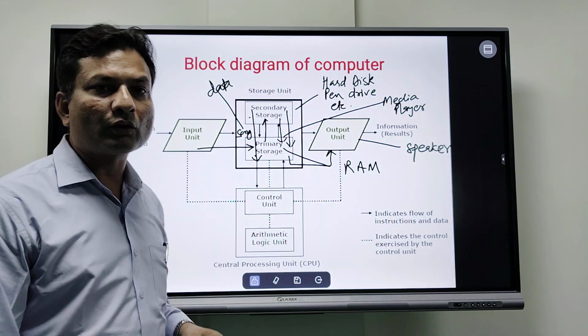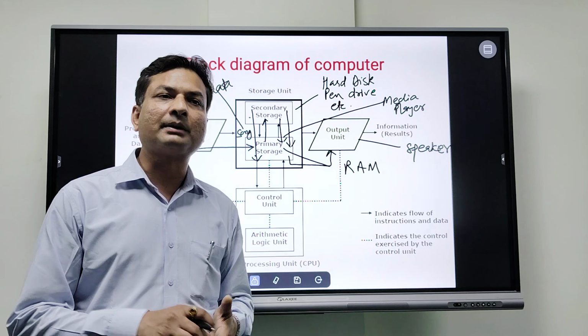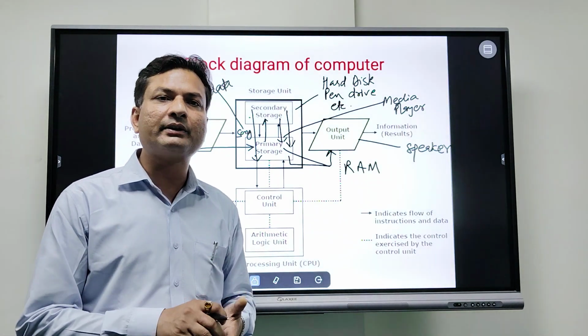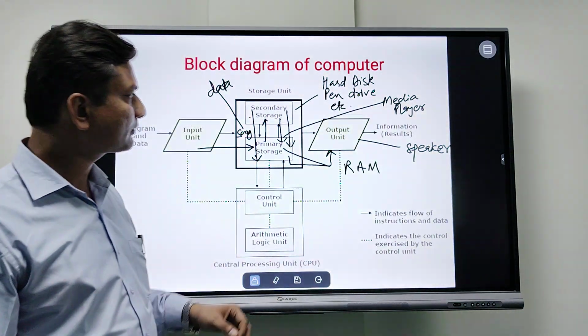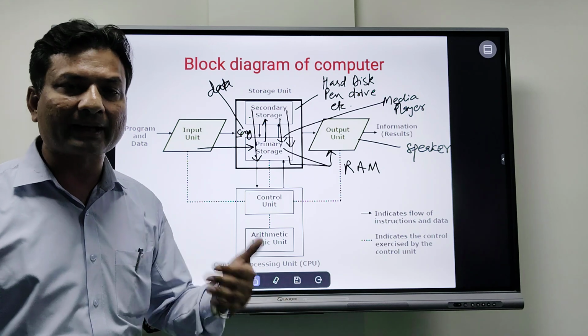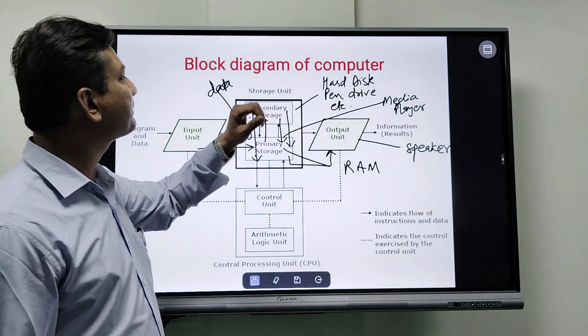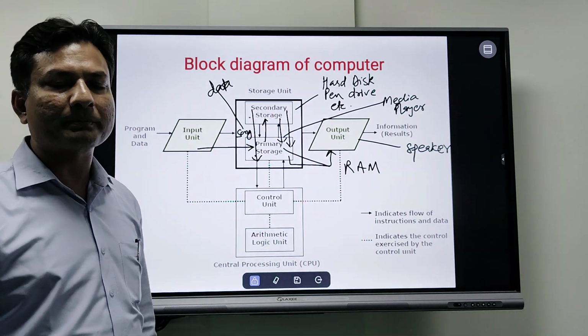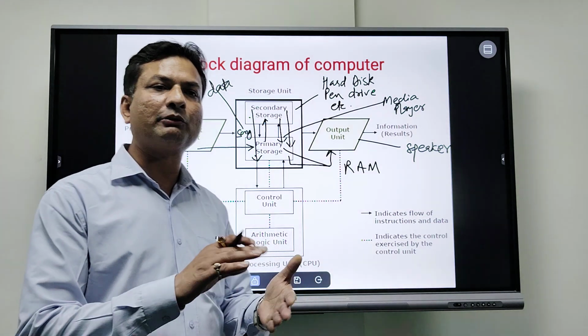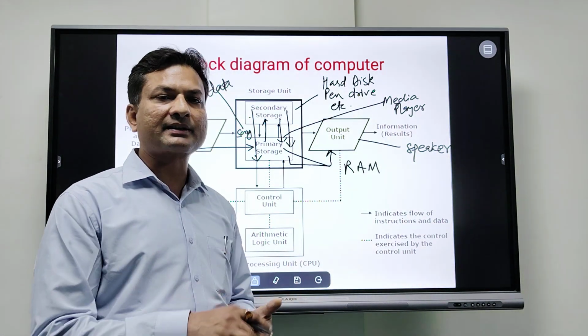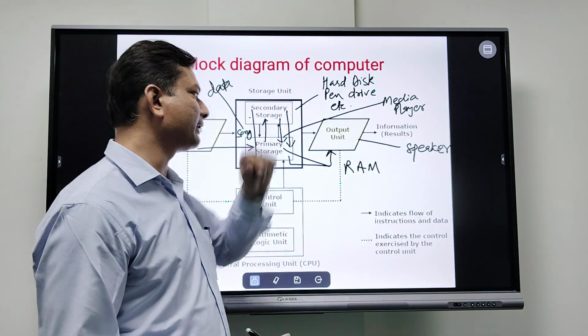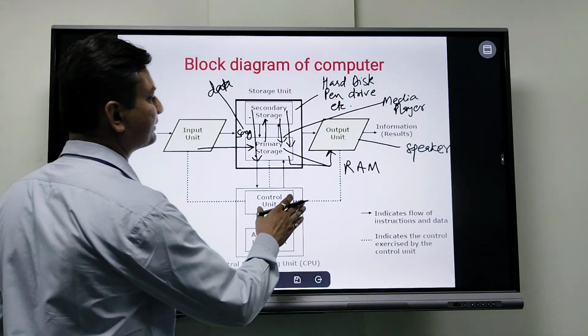But in non-volatile memory, after the power is lost, the information stored in it will not be lost. And the second difference is the example: an example of primary storage is RAM and an example of secondary storage is hard disk, or we can say pen drive.